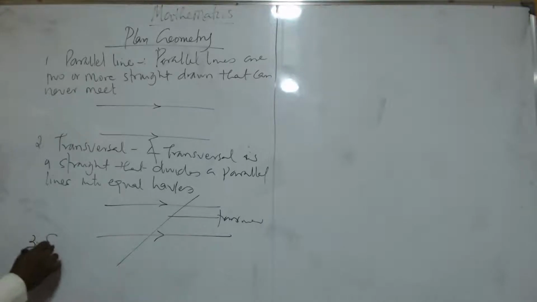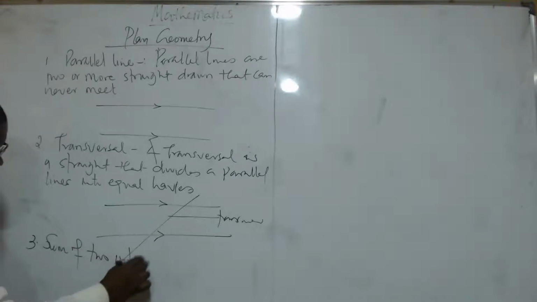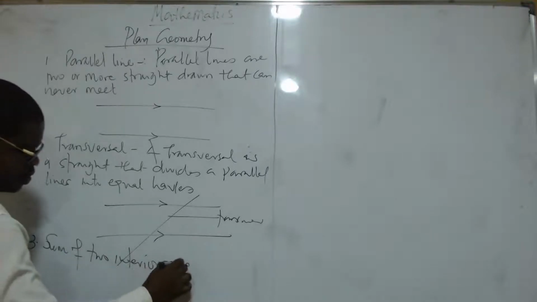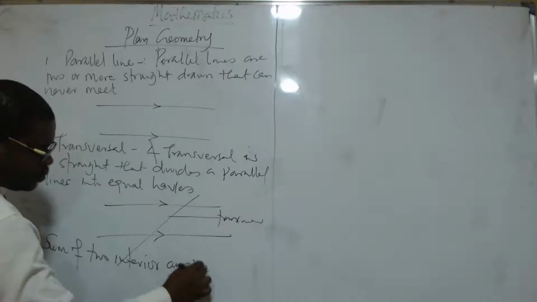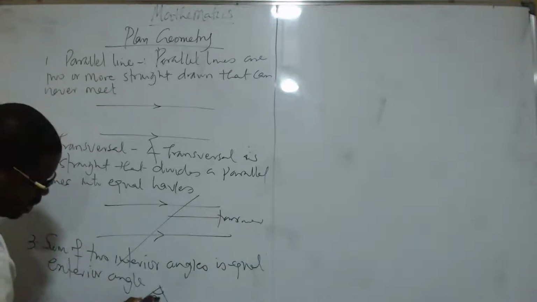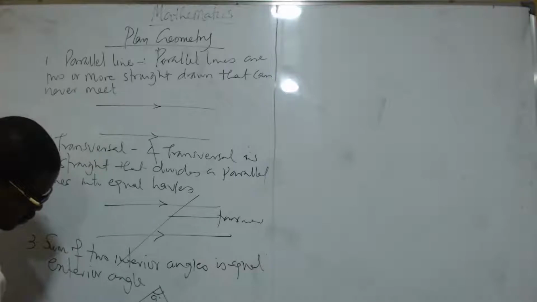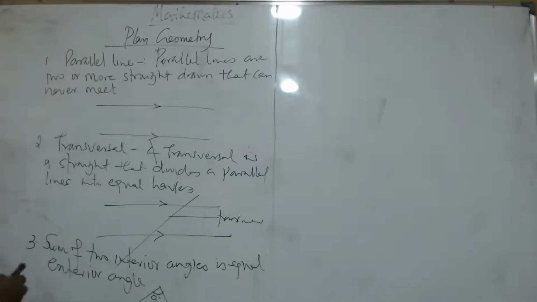Okay, we have the third one. Sum of two interior angles is equal. We have A, we have B is equal to what? C. So A plus B is equal to C. Take note of this one, rule number 3.